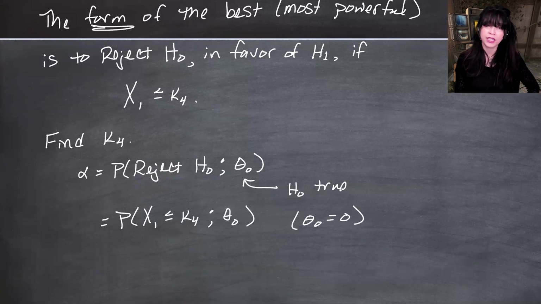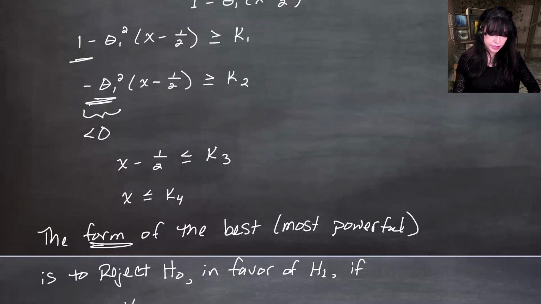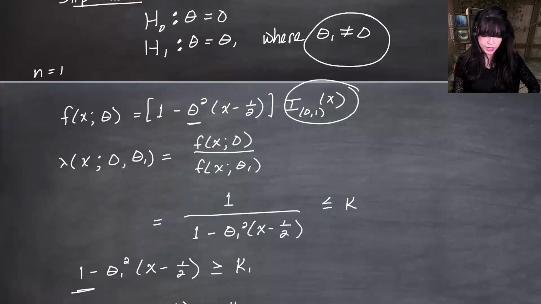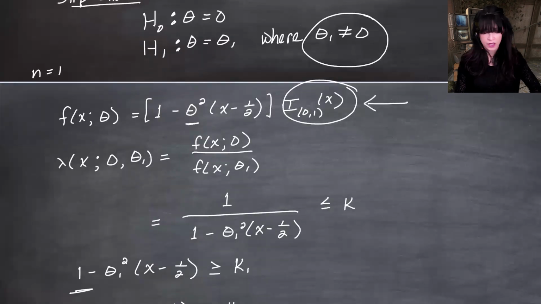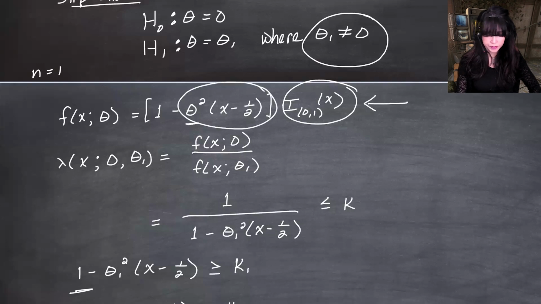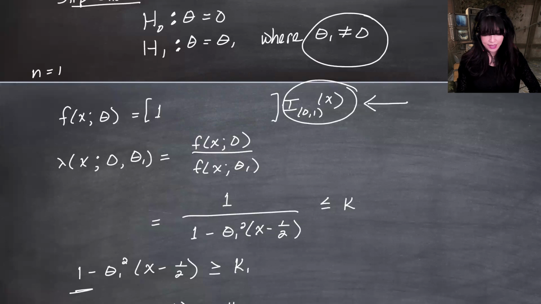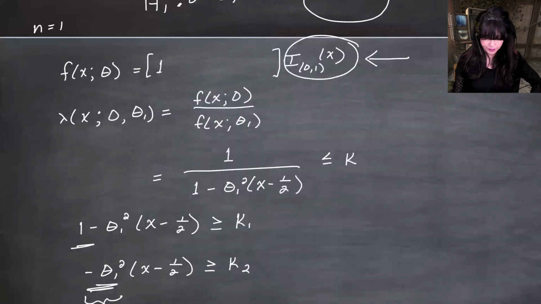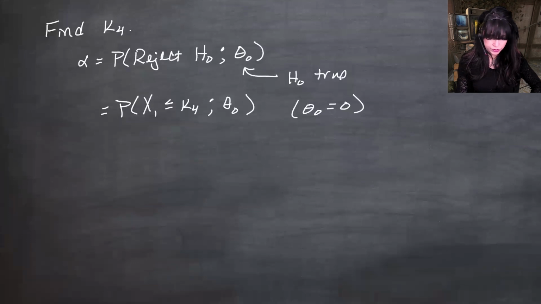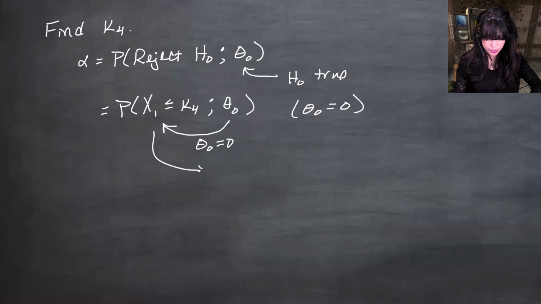So we need to compute a probability using the given PDF when theta is 0. So take a look right here at the PDF. If theta is 0, this entire part disappears. And what we're left with is a PDF that is 1, a constant on the interval 0 to 1, which is the uniform 0, 1 PDF. So when theta naught is 0, that means that x1 is uniform on 0 to 1.